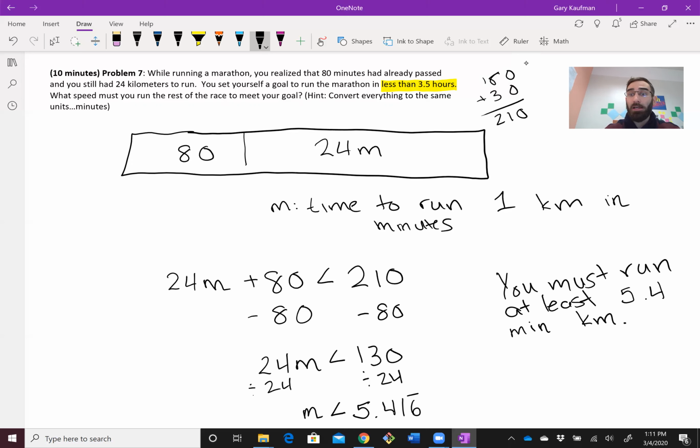So that's what you must do at least. Now we still have to graph it. Here's 0, 1, 2, 3, 4, 5, 6. About there is 5.4, an open circle. And I go down, and I have another open circle at 0 because I can't run a 0 minute kilometer. It's going to take something. So those are the possible minutes.